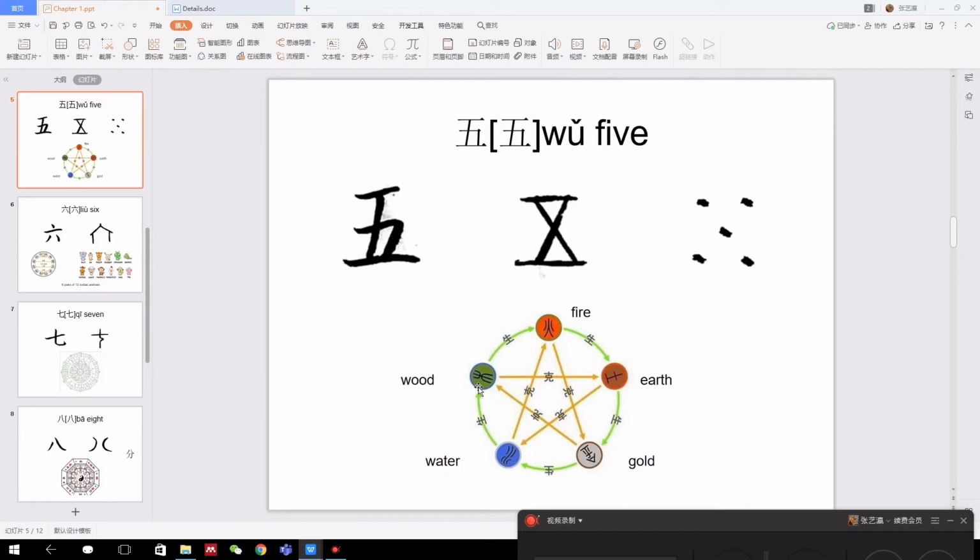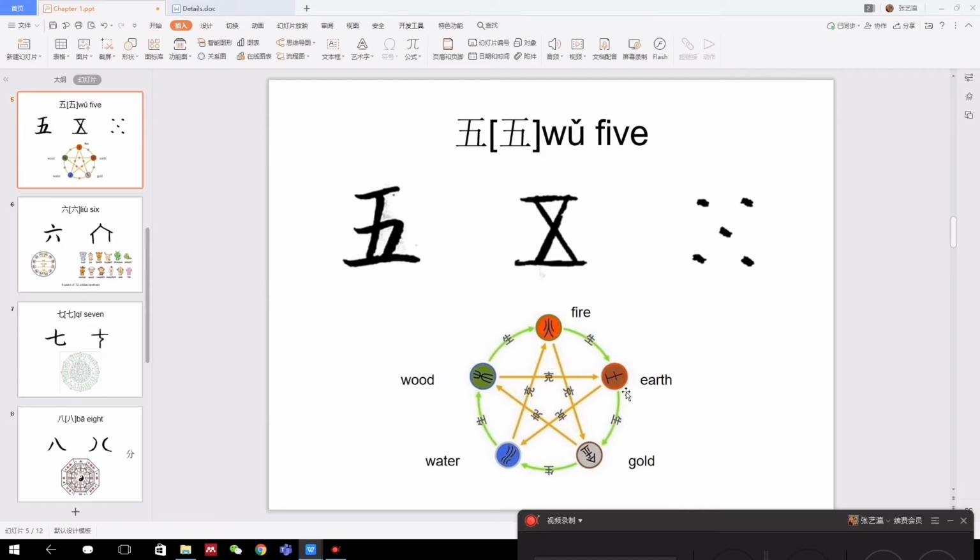For example, if you are old, water can help you, and you can have fire, and gold will harm you, but you can do harm to earth. It means that every element needs each other to make up this whole universe going in a harmonious way.